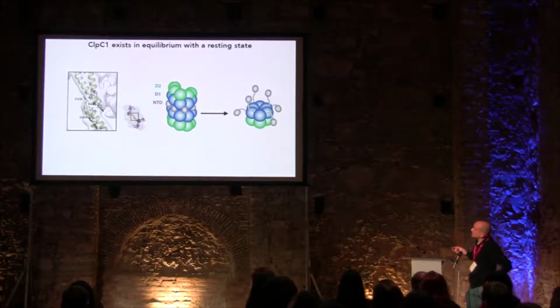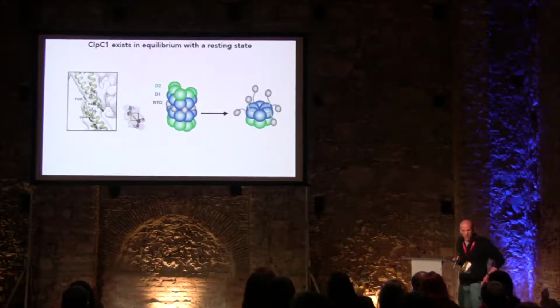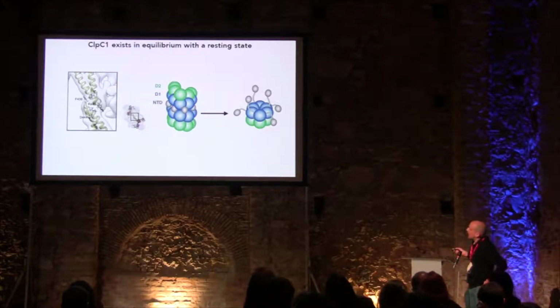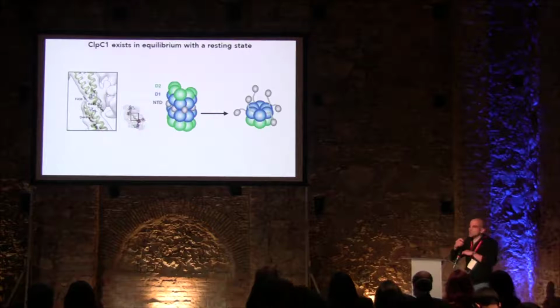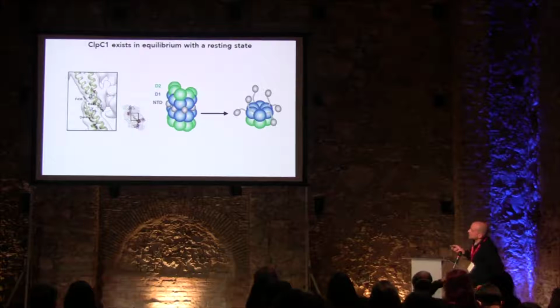This is also from the Mycobacterium group. They did some cryo-EM, at low resolution, around 10 angstroms. They proposed in this paper that this middle domain between D1 and D2 was responsible for the formation of this resting state, and they proposed some residues that were important for its formation.